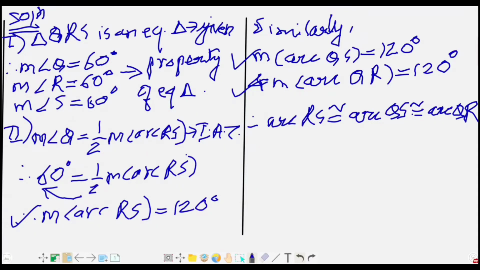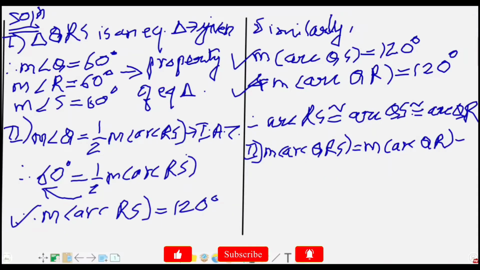Now in the second part, they have asked you to show that the measure of arc QRS is 240 degrees. So first of all, look at the figure. Arc QRS is made up of two arcs, that is arc QR and arc RS.